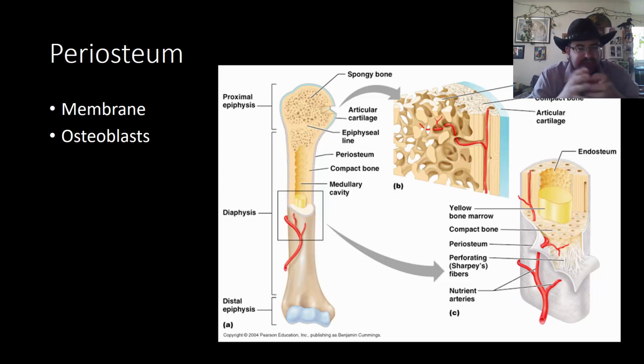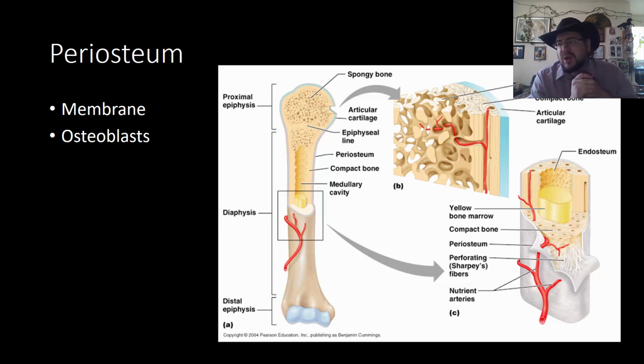So, in the center, we have osteoclasts that can increase the hollow space, decrease the thickness. And on the outside, in the periosteum, we have osteoblasts that can lay down new bone and increase the thickness.